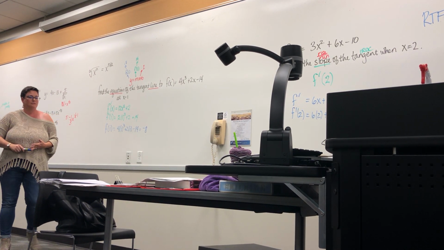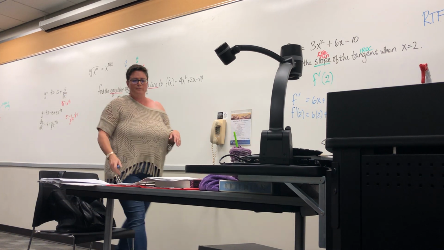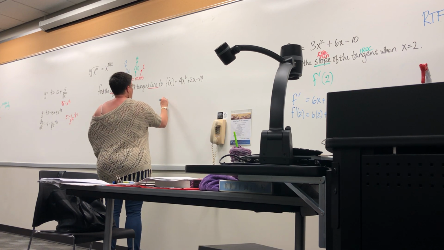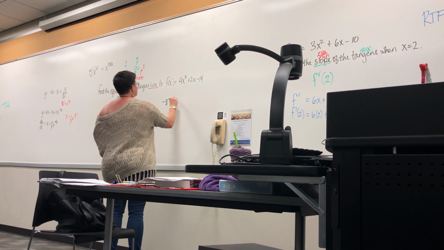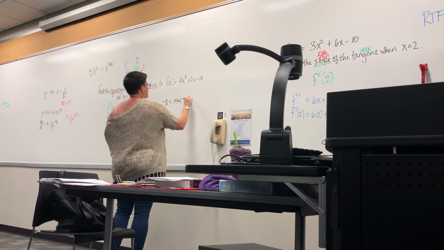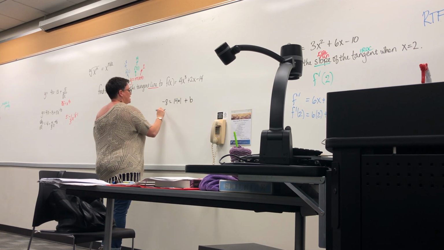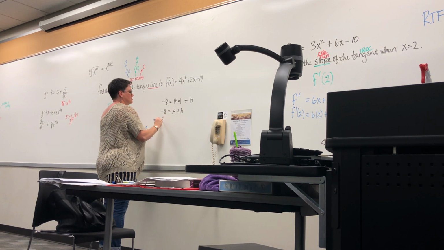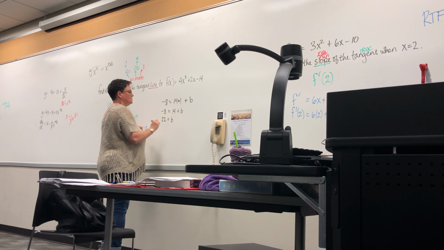Can I solve for b? Heck yeah, we can. Negative 8 equals 14 times 1 plus b. Negative 8 equals 14 plus b. 22 equals b.